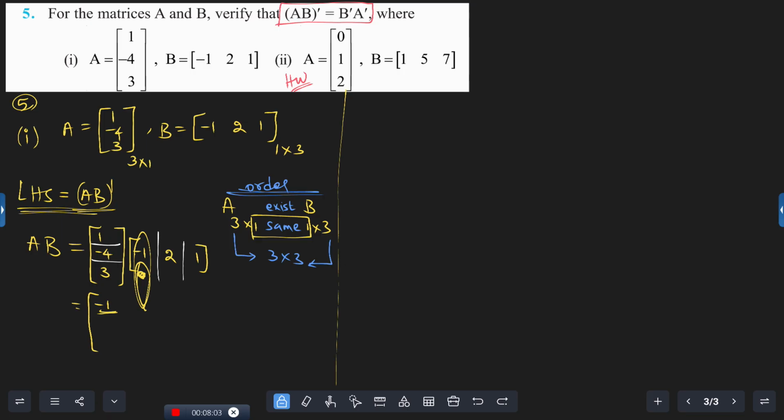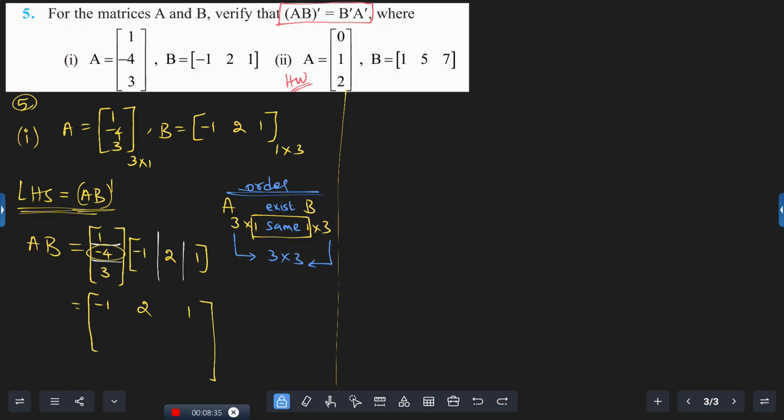But there is no second element in column 1, so we don't put plus. Have you understood? That's it. When I multiply row 1 with the second column, I write it in the second column only. You should not put plus. Again I am telling, be careful here. So 1 into 2 is 2. Then with the third column, 1 into 1 is again 1. That's it. Now the first row is over.